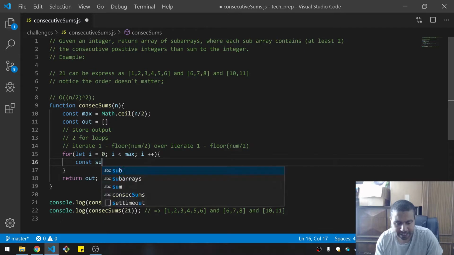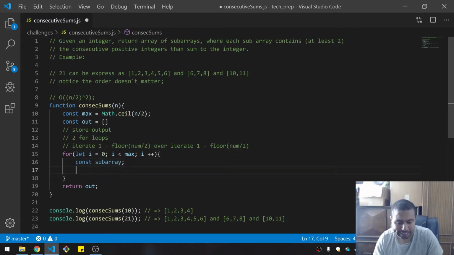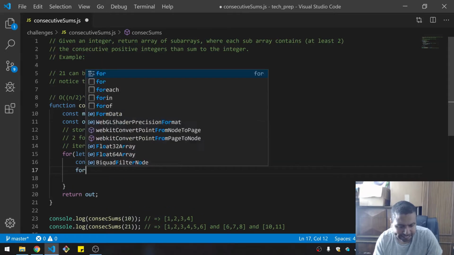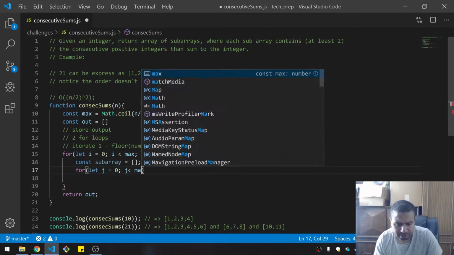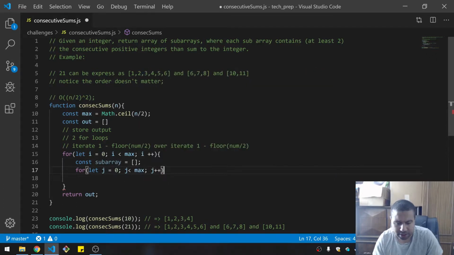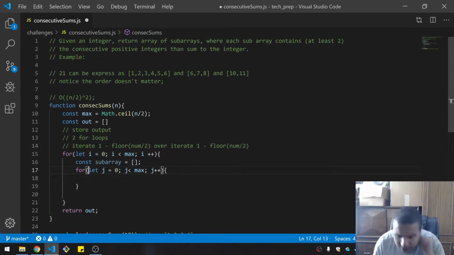Okay, so or let j equals 0. Actually this should start out on i.